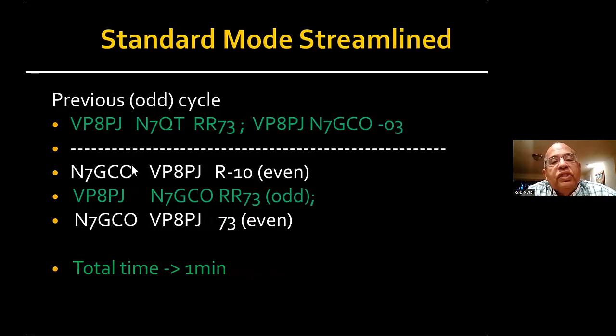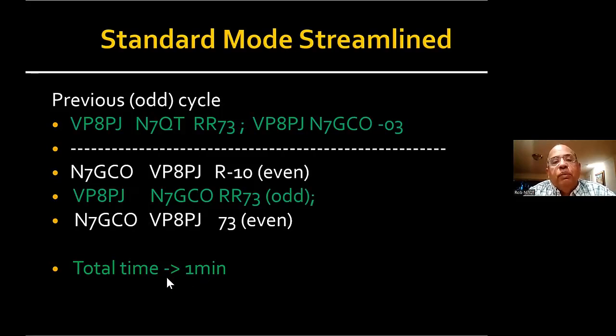In this case, the DX station, VP8PJ, can respond to N7GCO with a Roger signal report, at which point N7GCO can conclude the transaction with a Roger 73, and VP8PJ concludes with a 73. At this point, the entire transaction has taken a minute.